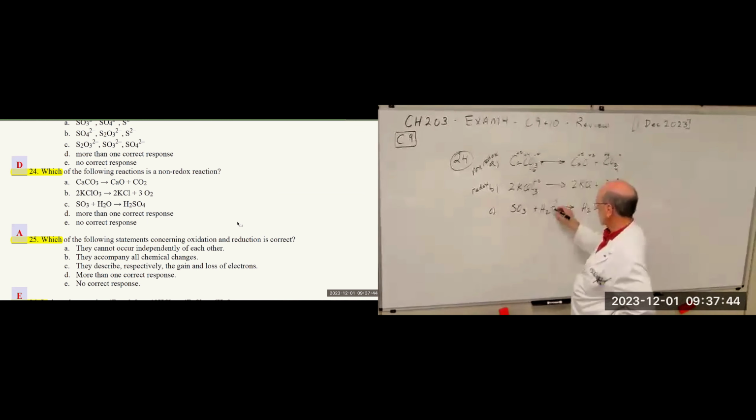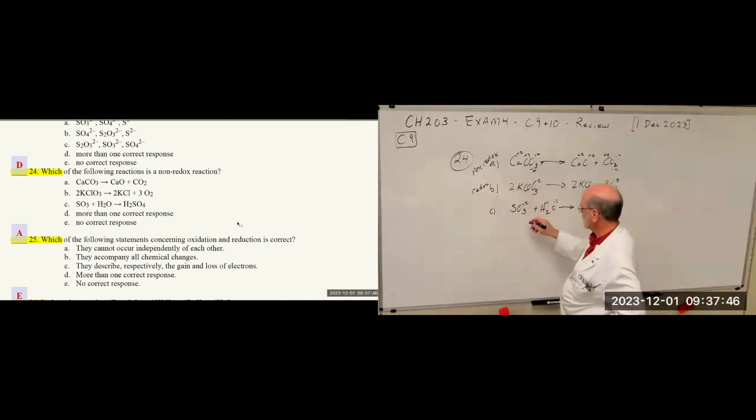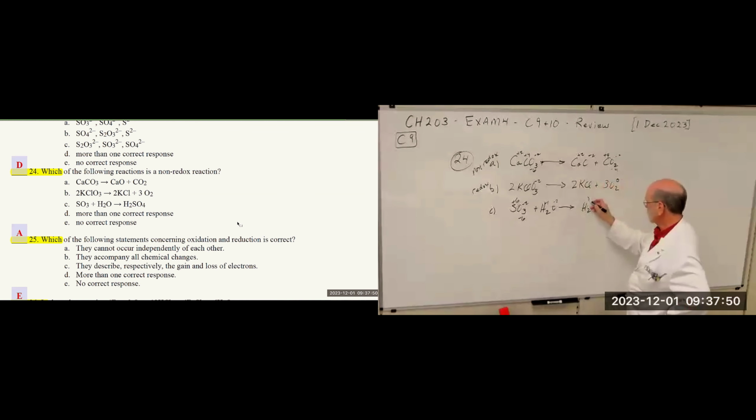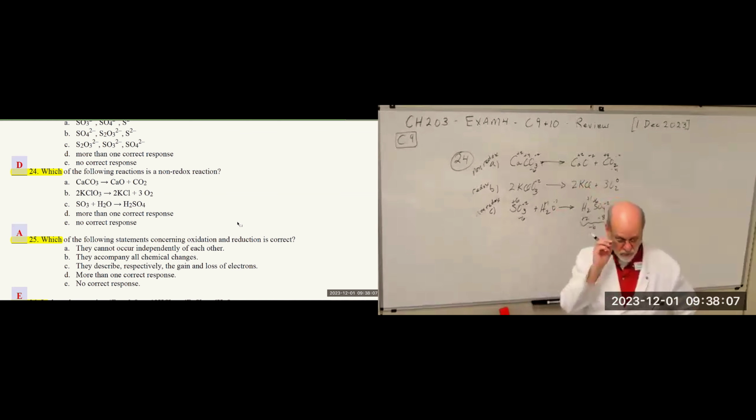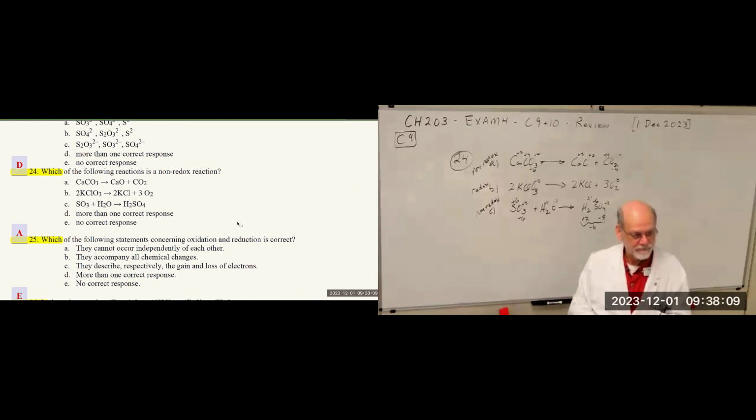This one is -2, +1, -2, -6, here +6. This is +1 there, which is +2 here, -2, which is -8. So that's -6. This is +6. Right? That's a non-redox. So 2 of them are, more than 1.